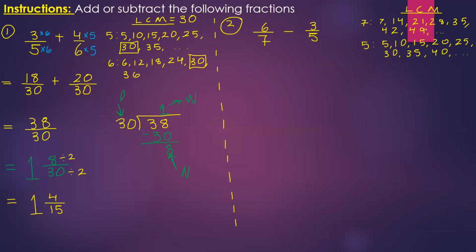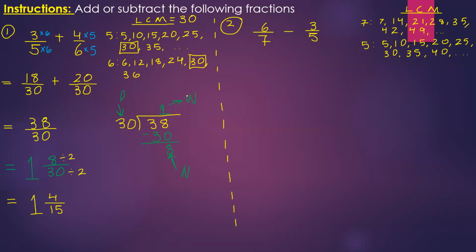All right. So that means the lowest common multiple of 5 and 7 is what? Taya, are you there? Yes, sir.